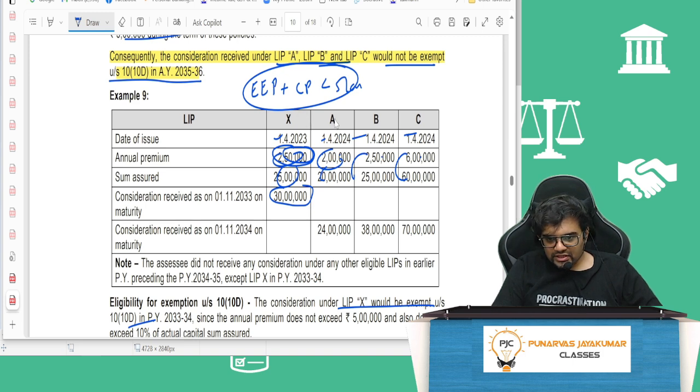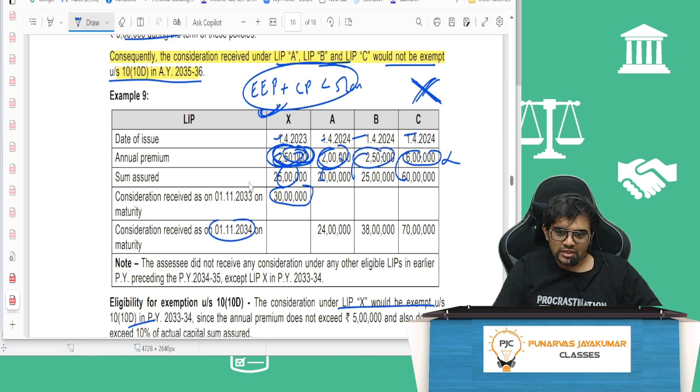So in the year 34, this 6 lakh is definitely not possible. It's exceeding 5 lakh. So C is definitely not possible to claim exemption. X you have claimed exemption. Now if you see these two though, 2 lakh 50 plus 2 lakh is less than 5 lakh, or 2 lakh 50 plus 2 lakh 50 is less than or equal to 5 lakh. So you can definitely claim one among these two, A and B. You can claim exemption. Why? It is less than 5 lakh rupees.